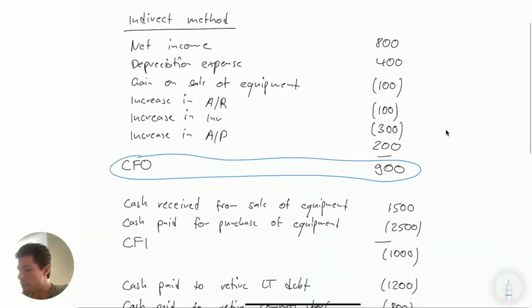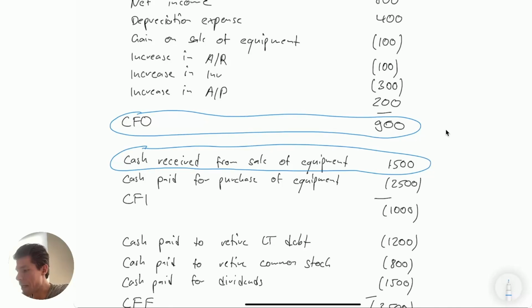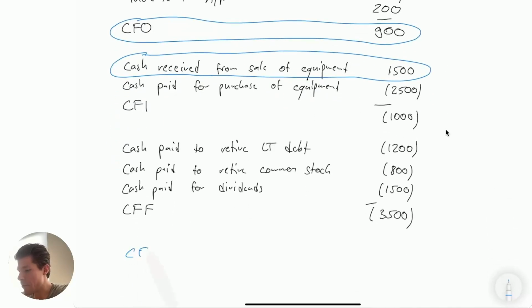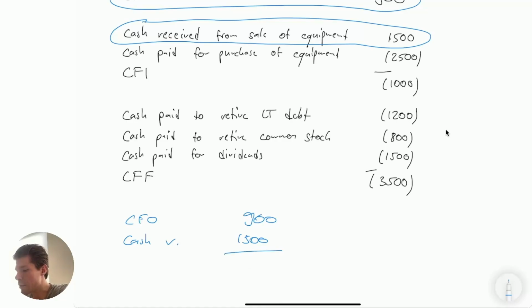This is our first inflow item, and the second item would be this one. So what you would do is combine them and state them here: CFO cash received 900, 1,500, and then the total is 2,400. Then you divide 900 by 2,400 to get the percentage, and 1,500 to get the percentage, and this one here is 100%.